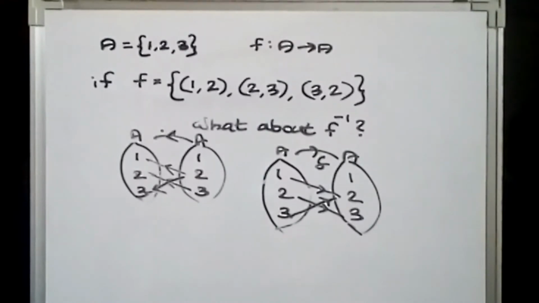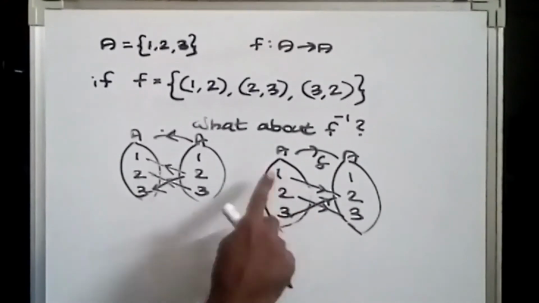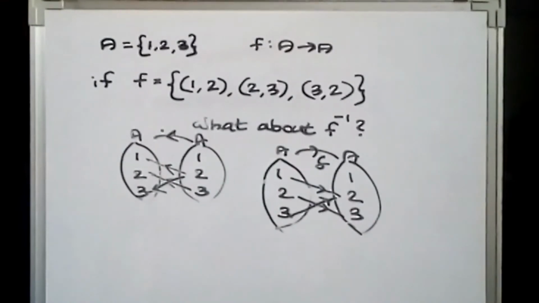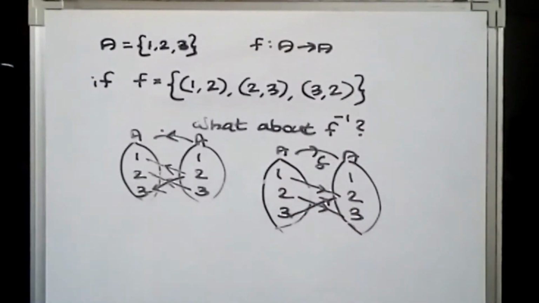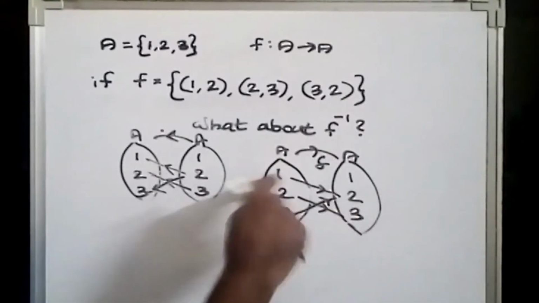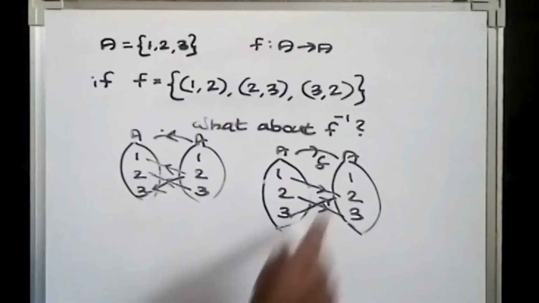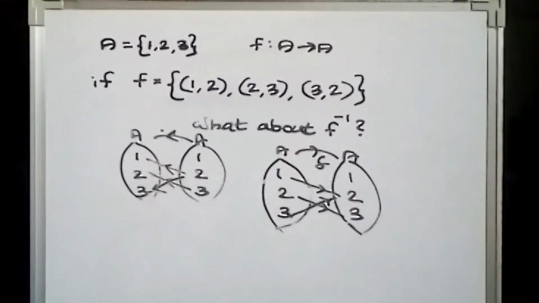Theoretically, we have said earlier that for F inverse to exist, the function should be both one-one and onto, or it should be a bijection. Here, the given function is not a bijective function. It is not one-one because 2 has 2 pre-images, 1 and 3, and the element 1 in the codomain has no pre-image in the first set.